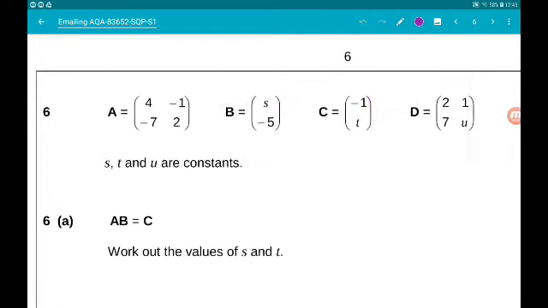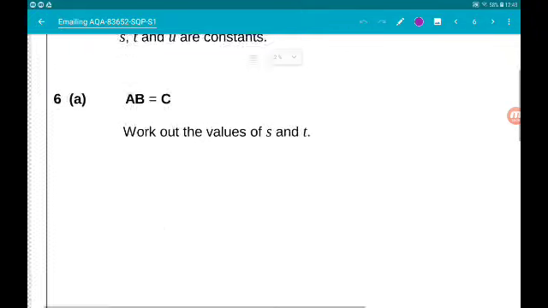Okay, question 6. So we've got two matrices and two vectors. We got these constants s, t and u kicking around in them. For part A, we are told that AB is equal to C. And we want to work out the values of s and t. So let's work out AB first of all.